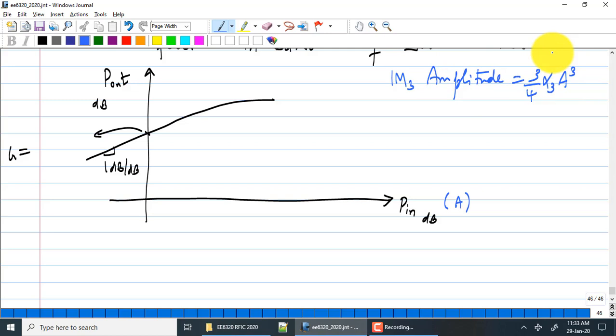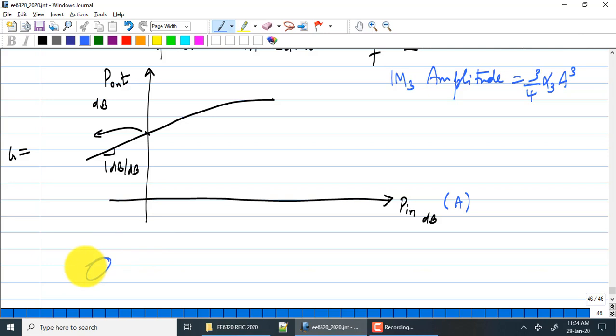And if A is very small also, first of all, the magnitude of the third order intermodulation component should be extremely small. Hopefully, if you choose A properly, it will be much lower than the fundamental. I hope all of you agree. Right? If it's a strongly nonlinear amplifier, you're already done for. So, you may start somewhere much lower.